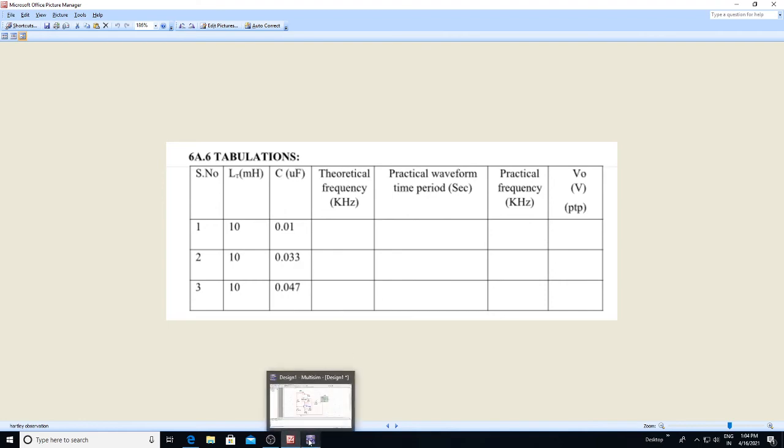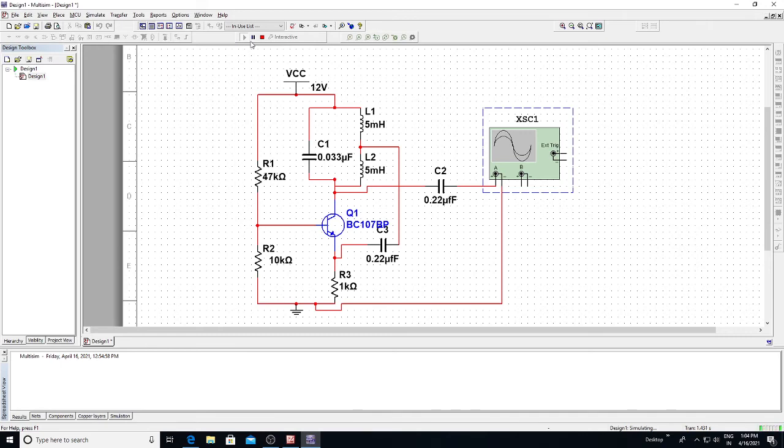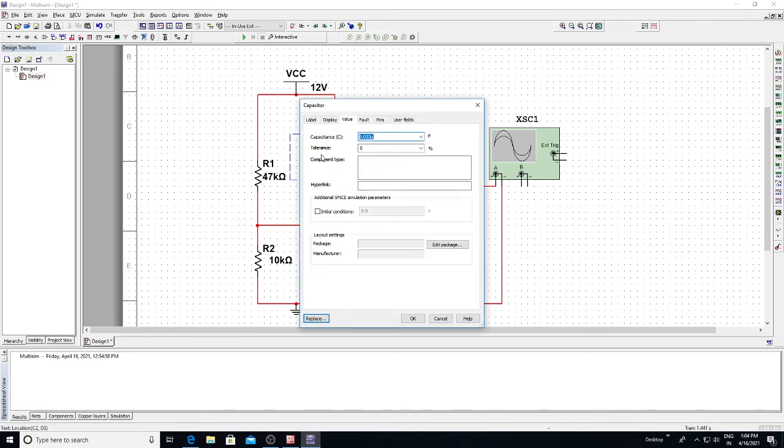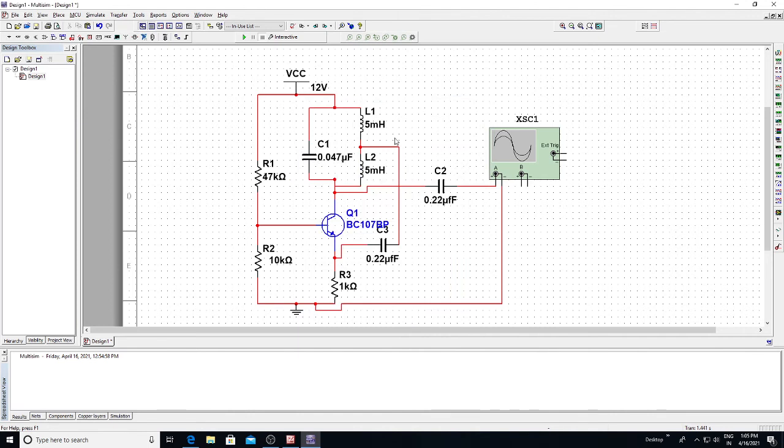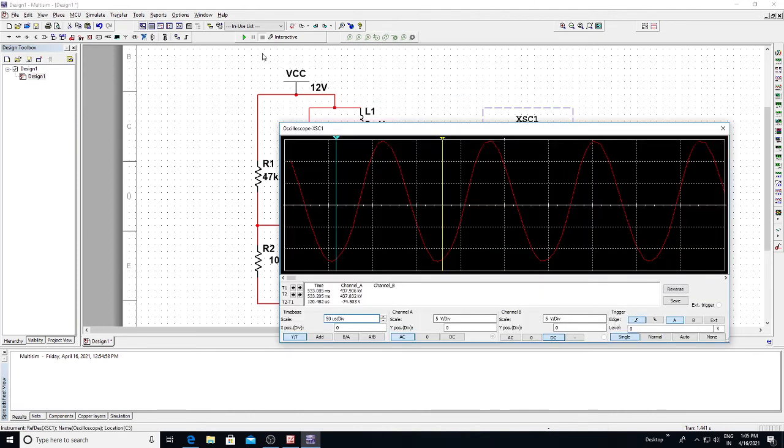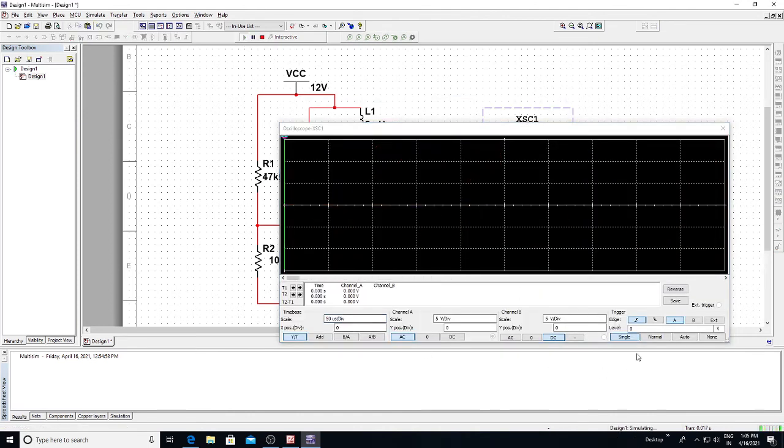Now stop it and go for the capacitor value of 0.047 microfarad. Okay, and now check the output waveform which I have got. Run. So this is the output response which I have got, and make the cursor at T1 time period and T2 time period in order to get T2 minus T1.